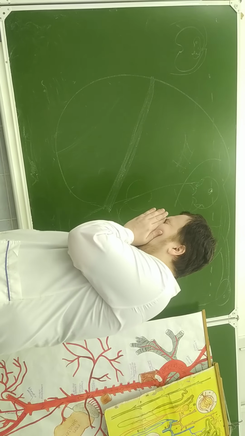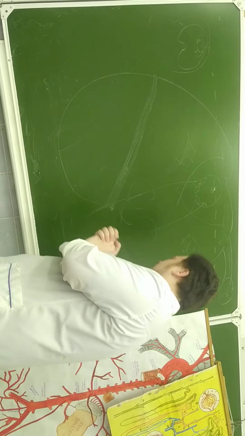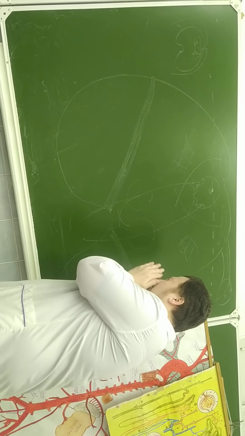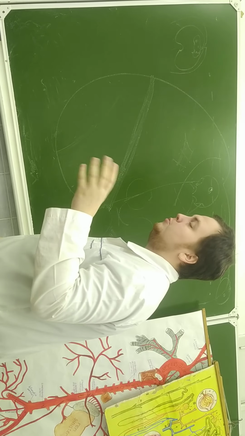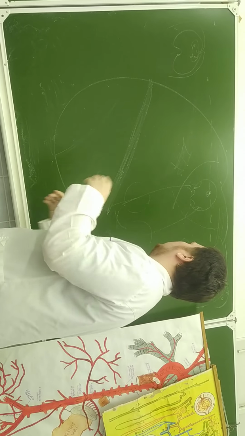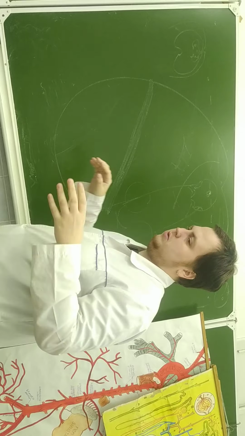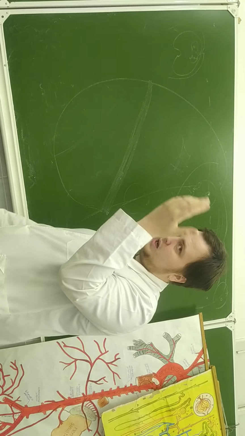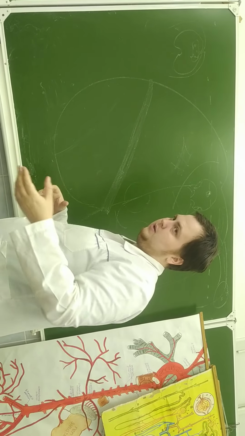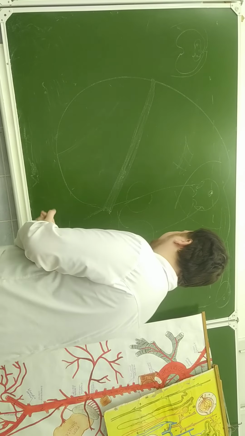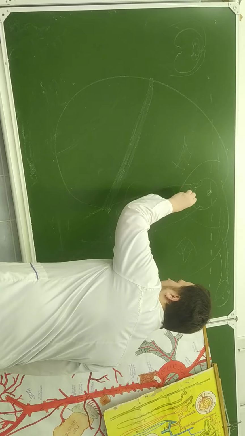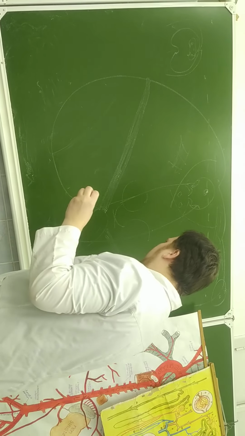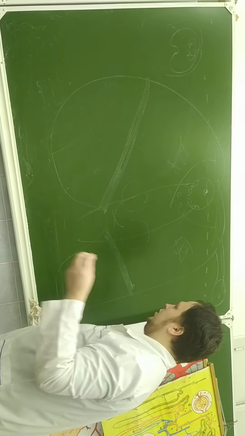By this, it will be responsible for coordinated movements of eyes and head. Yes? So the connection between the nerves which move the eyes and the nerves which move the head. What else?